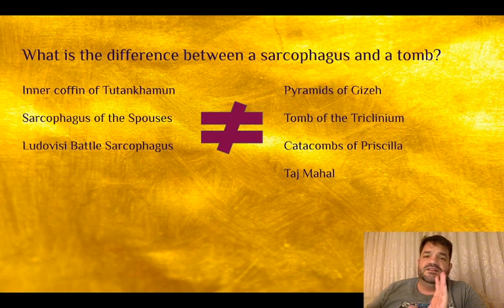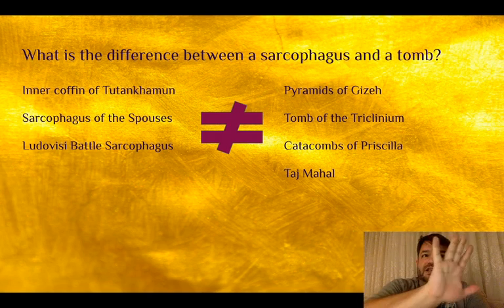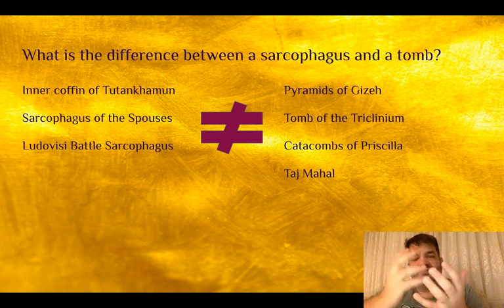So we've got the inner coffin of King Tut, of Tutankhamun. We've got the sarcophagus of the spouses, the Etruscan sarcophagus made out of terracotta. And we've got the Roman Ludovisi battle sarcophagus with all that high relief showing the battle scenes all the way around.